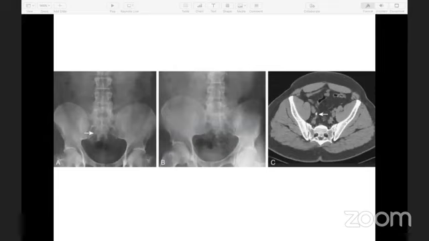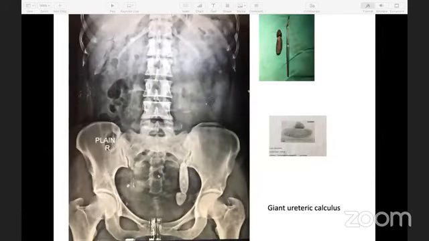A small stone in the middle ureter may be difficult to locate due to the underlying sacrum. This may be evident on CT or IVU because of proximal hydroureteronephrosis. Any ureteric stone longer than 5 cm or weighing more than 50 grams is called a giant ureteric calculus.